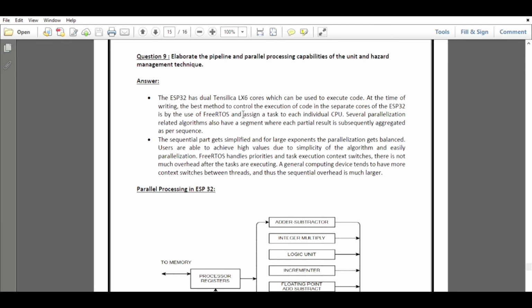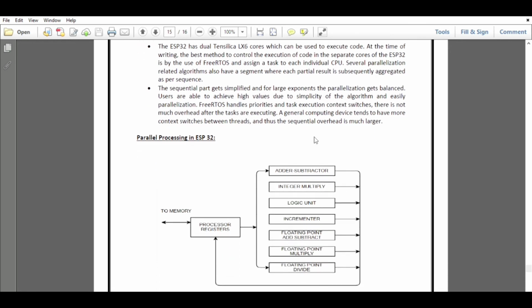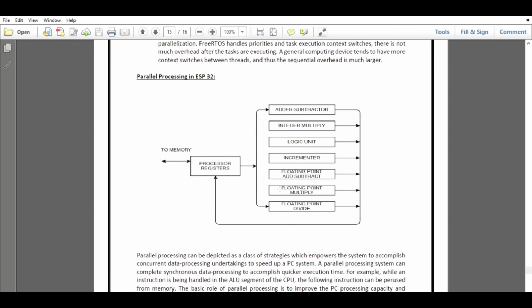Here FreeRTOS is used for execution of code in separate cores of ESP32, and this handles the priorities and task execution context switches. There is not much overhead after the task is executing. This is the parallel processing of ESP32.